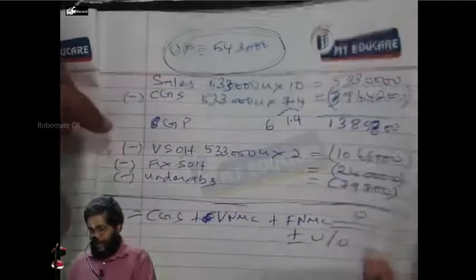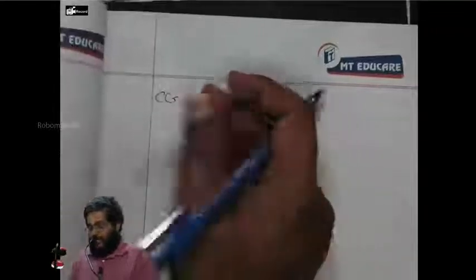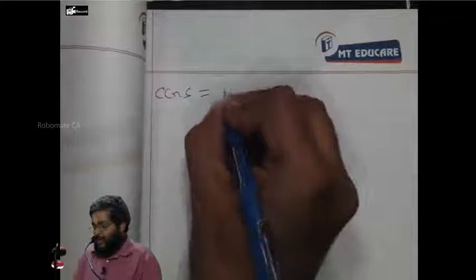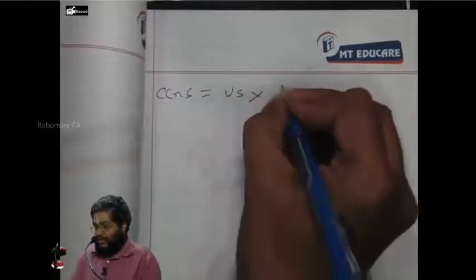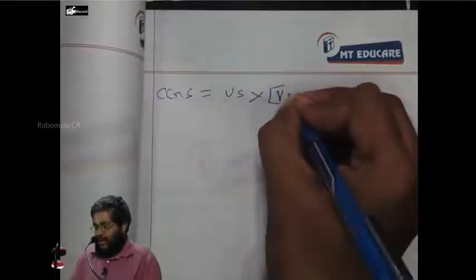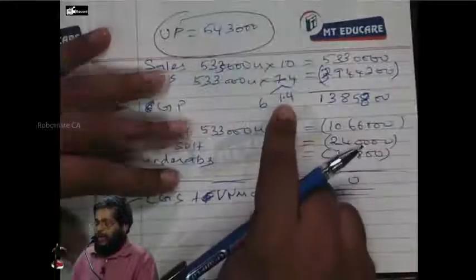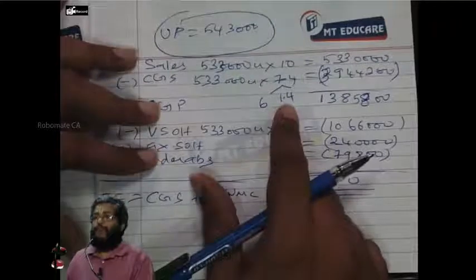Cost of goods sold is equal to 5,33,000 units sold into variable manufacturing cost per unit plus, how did I get 1.4?